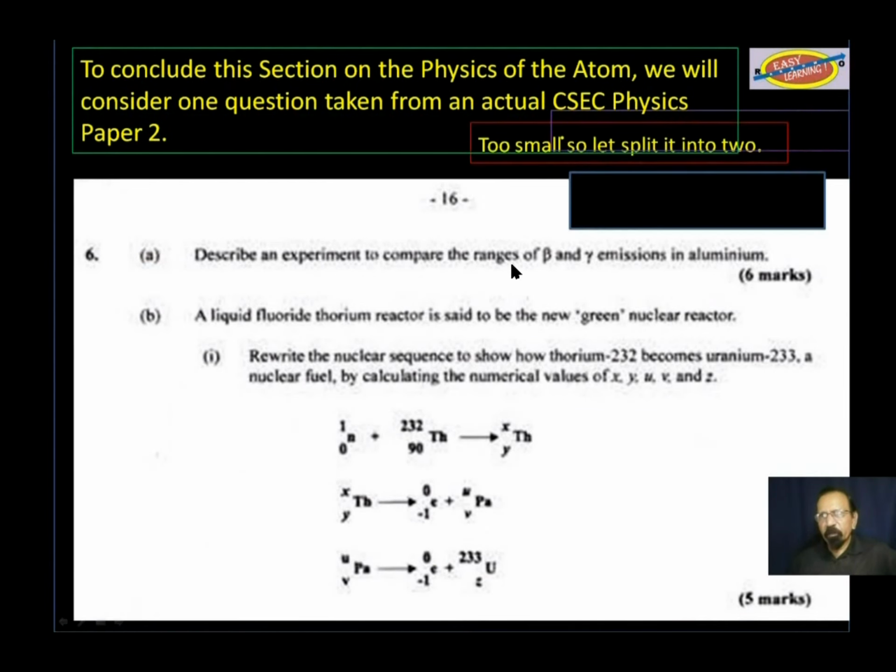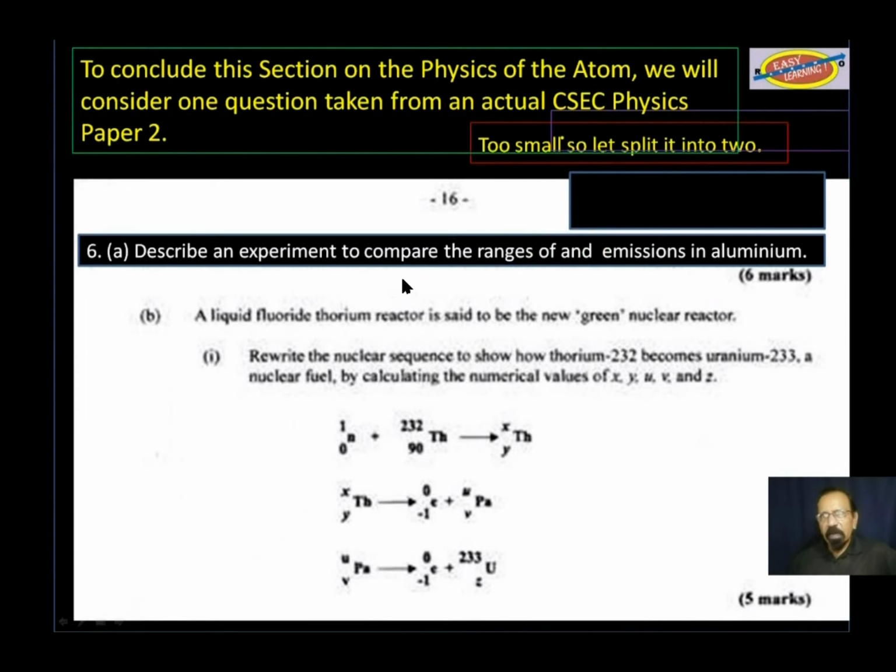So describe an experiment to compare the ranges of beta and gamma emissions in aluminium. So this here that I left out is beta and gamma emissions. Well, that's a description, so we will not deal with that. We are just dealing with calculations.